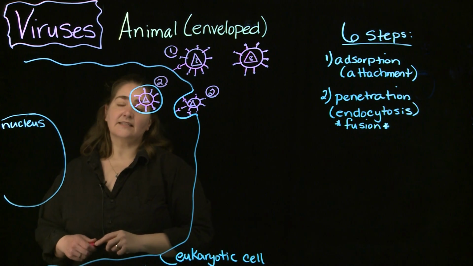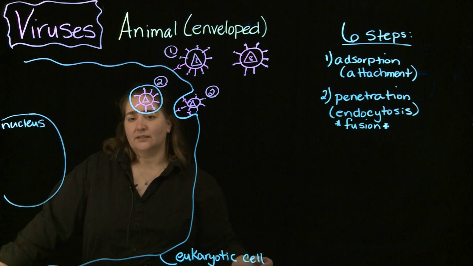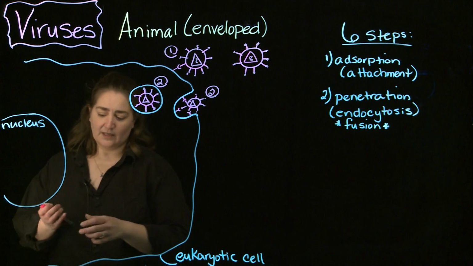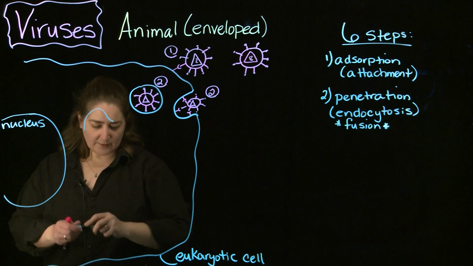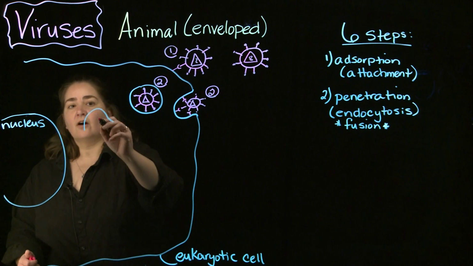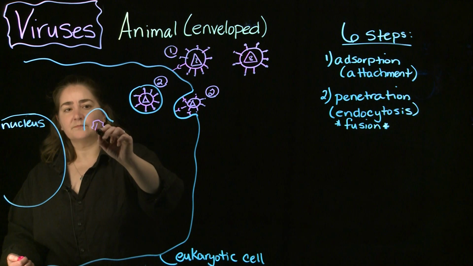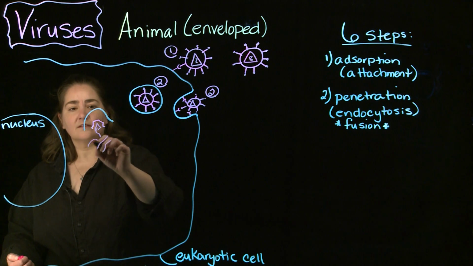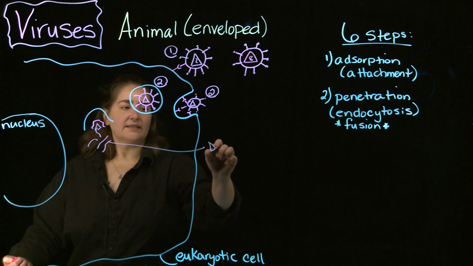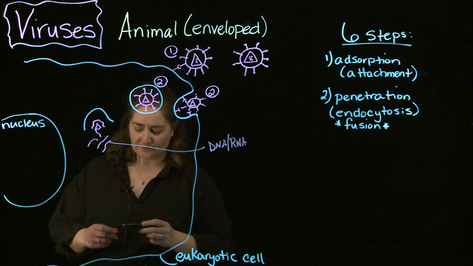The next thing that needs to happen now, that virus needs to escape from that little bubble of cell membrane. And what happens, that kind of opens up. Our capsid then kind of opens up as well, and it's going to release the genetic material.